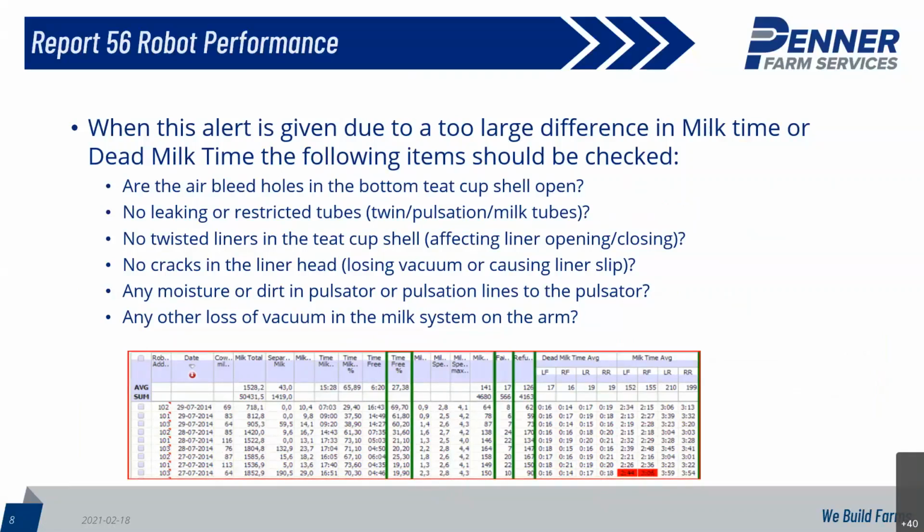Liners, are they twisted in the shell? They should be straight. Are there any cracks or cuts in the liner head up top, usually toward the end of its life? Any moisture or dirt in the pulsators or the lines, or any other technical vacuum issues or other issues that you can see?